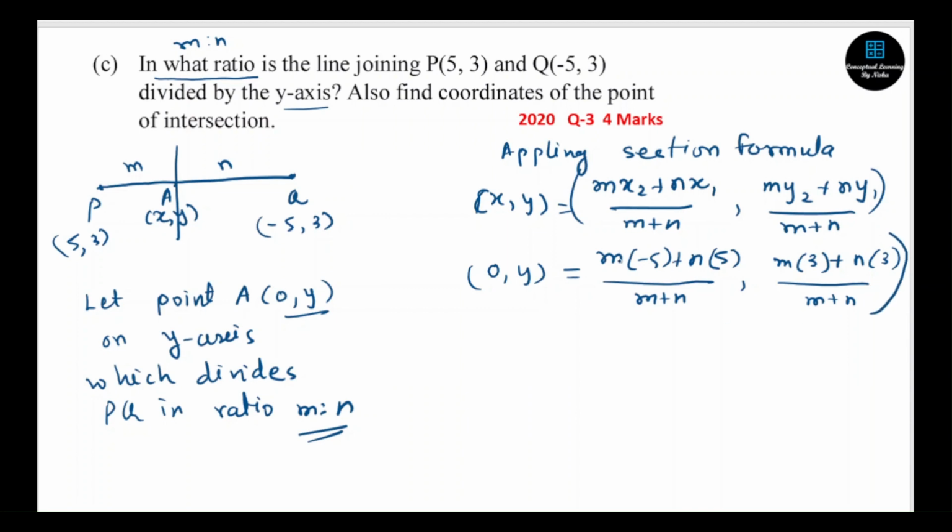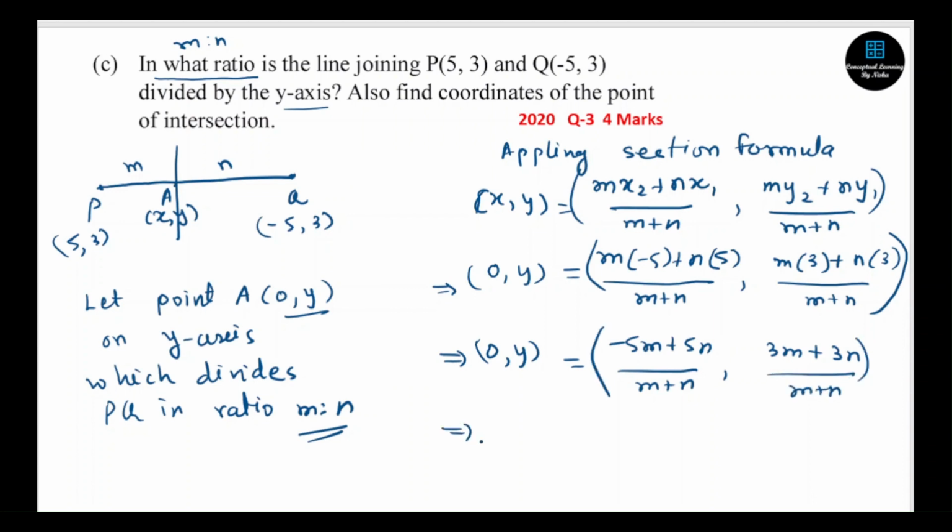And now if I simplify this, what do we get? 0, y equals minus 5m plus 5n upon m plus n, and here 3m plus 3n upon m plus n.